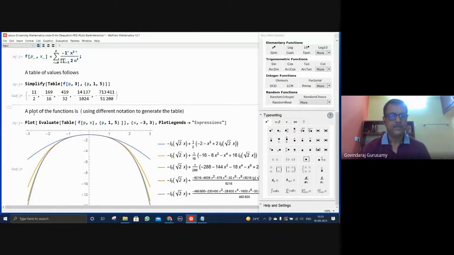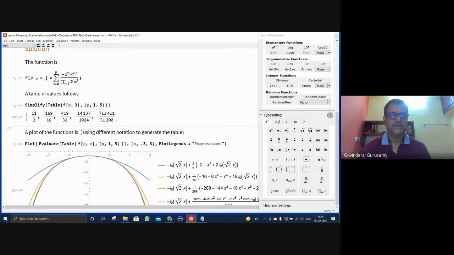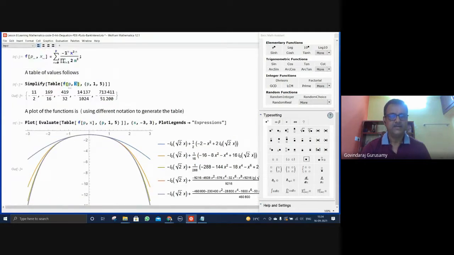Now, we're going to evaluate this for p equal to 1 to 5, x varying from minus 3 to plus 3. See, whatever you have here, for a given x it has been done. Understand? They have taken x equal to 3, and for every one of them, value of p, this has been evaluated.